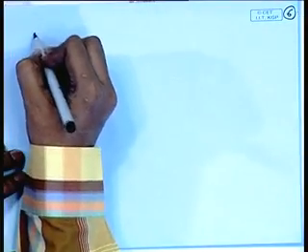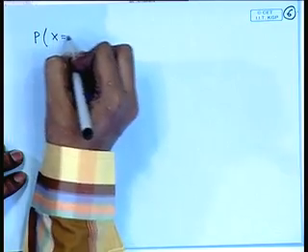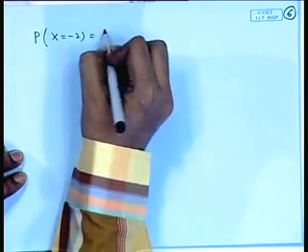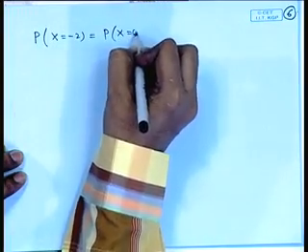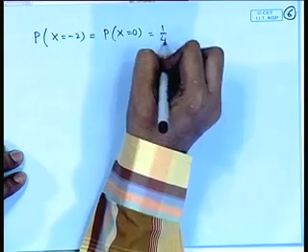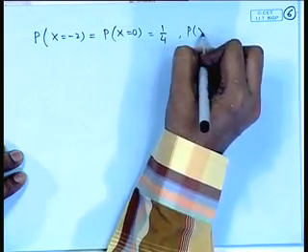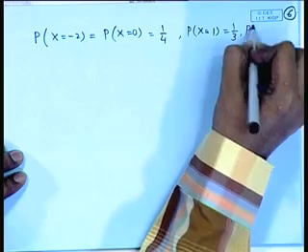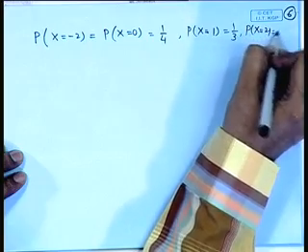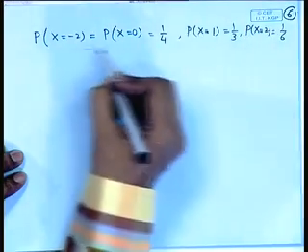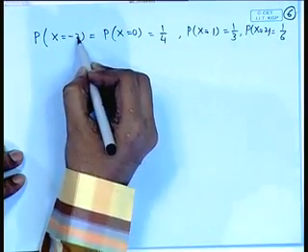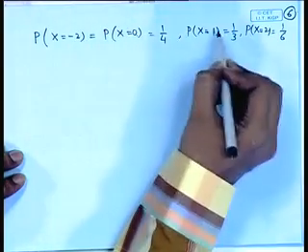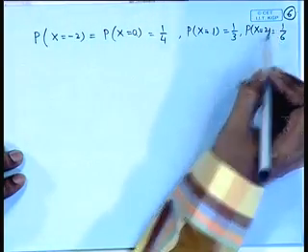Let us consider, say, probability x is equal to -2 and probability x is equal to 0 is, say, 1/4. Probability x is equal to 1 is equal to, say, 1/3, and probability x equal to 2 is, suppose, 1/6. So, this is a discrete distribution concentrated on 4 points -2, 0, 1 and 2.